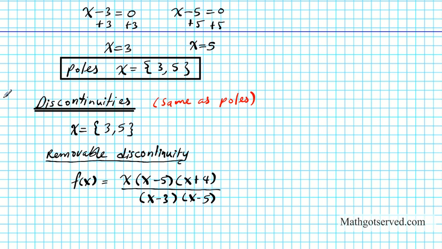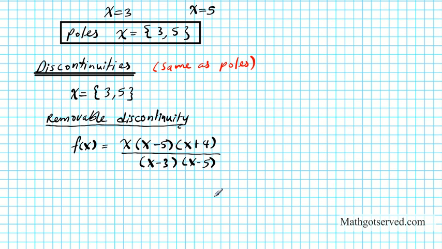Now any factor that we can cancel out will be the one that gives us the removable discontinuity, okay? So you notice that I can reduce x minus 5 in the denominator and x minus 5 in the numerator. That discontinuity that I just removed is the removable discontinuity.